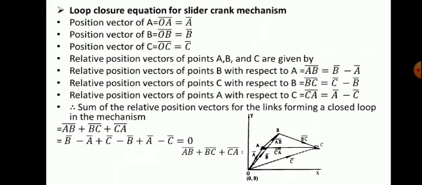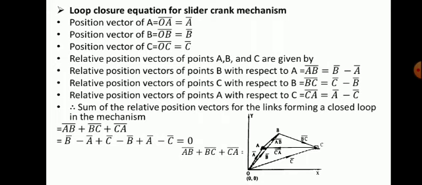CA is equal to A minus C, BC is equal to C minus B, AB is equal to B minus A. Therefore, the sum of the relative position vectors for the links forming a closed loop in the mechanism is given by AB plus BC plus CA. All the directions are in the positive forward direction.